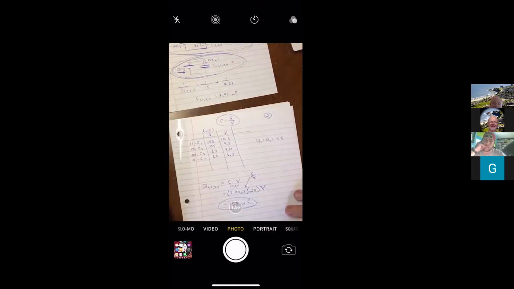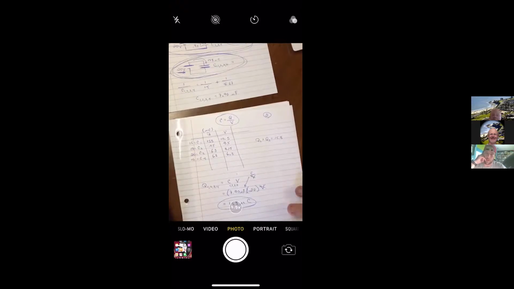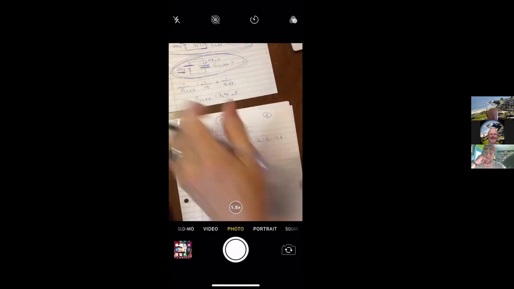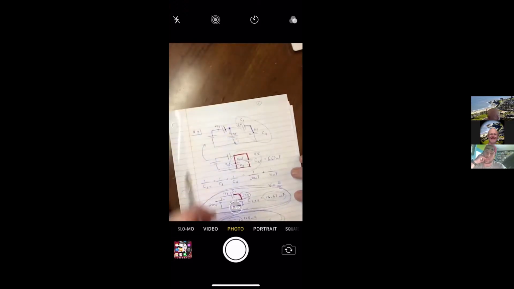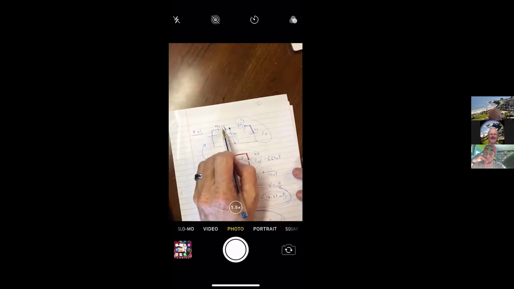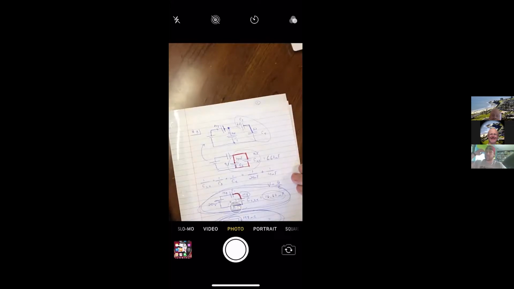Okay, so because 3 and 4 are in series, they get the same charge. Yep, basically. It's the same argument that we said capacitor number 1 gets the same charge that came out of the battery. Okay, that answers my last question on it.